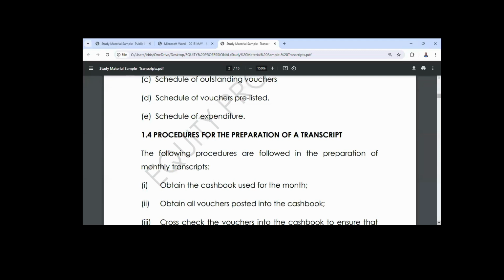You know, transcript is just a summary of the cash book. Each ministry's own cash book for the month, you obtain them.